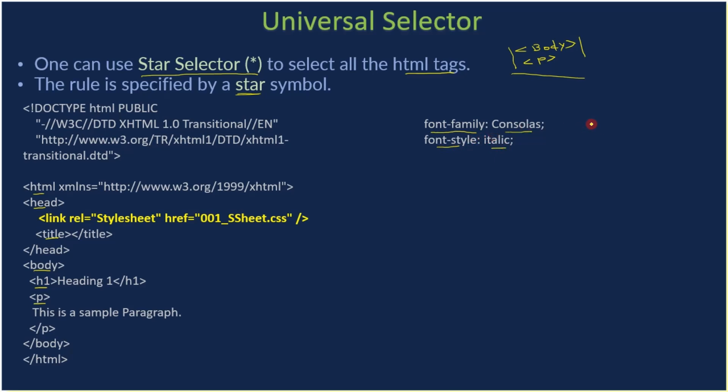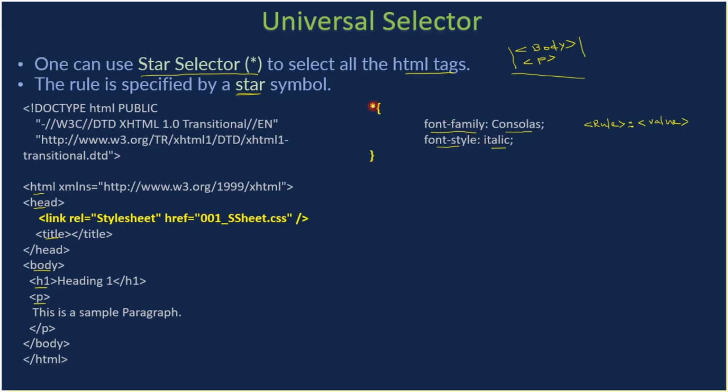And you can see that here it is like this: rule, colon, value. So we can call this as style rule, and style rule is font family, and value what we are giving is consolas. That means we want to set consolas font to the selected tags. Also font style, we are specifying it as italic.